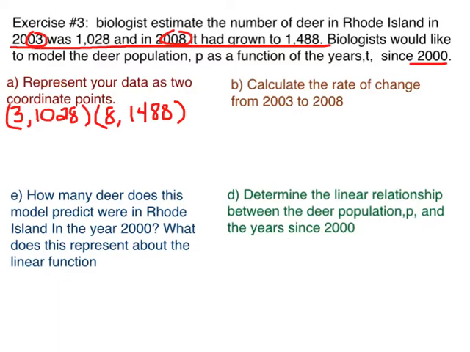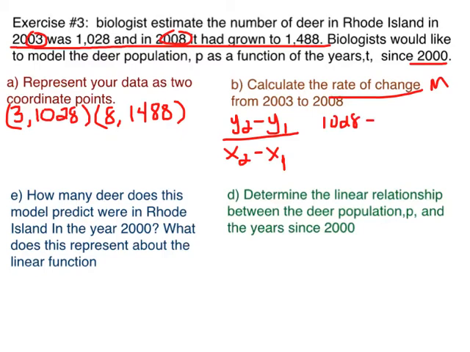So I'm going to simply use my formula, y2 minus y1 over x2 minus x1. It's my slope formula, my rate of change formula, also known as my slope, don't forget. So my y2 is going to be, I lied, let's back that all up.